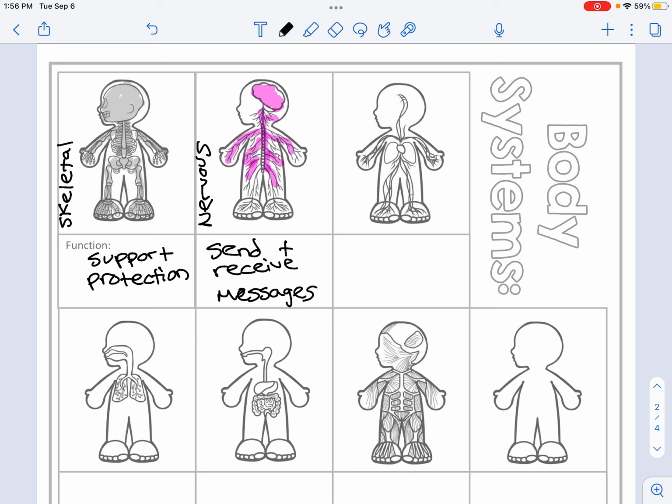The last one on top is cardiovascular. Oh, I totally just spelled that wrong. Cardiovascular. That's the heart and the vessels. The lungs are technically included in that picture, but they have their own thing coming up.